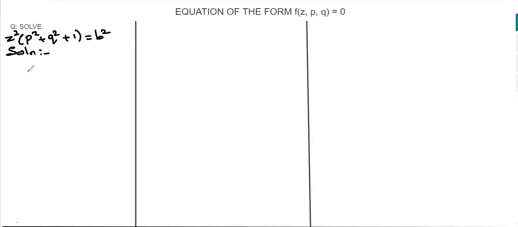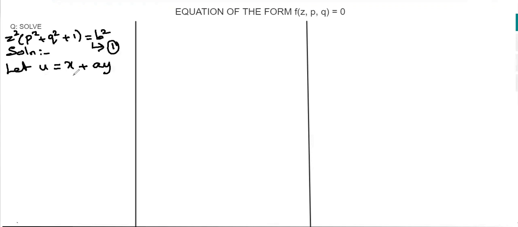First, you have to consider u equals x plus ay. To this format f(z, p, q) equals 0, you have to consider u equals x plus ay, and the given equation I am taking as the first equation.